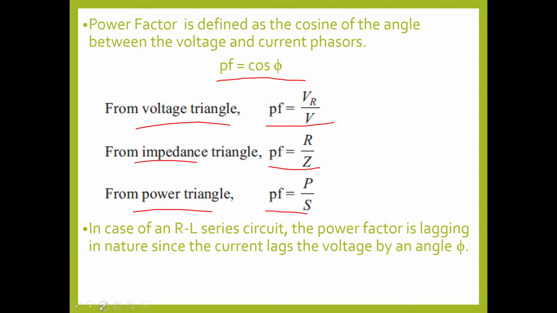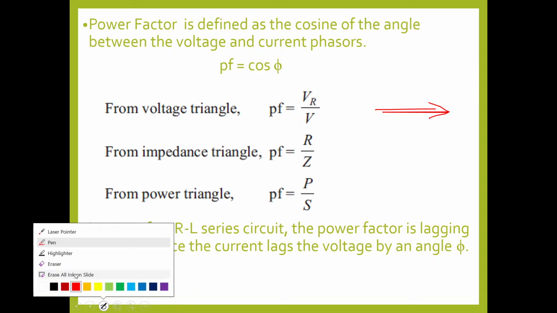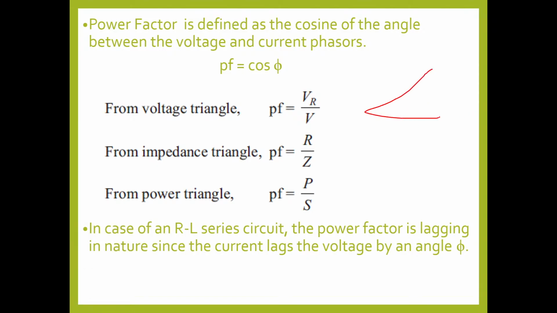So from the voltage triangle, the power factor: this is VR, this is VL, this is V. I'm unable to draw it well, so I will simply draw like this. So what is cos phi? Cos phi is nothing but VR by V. Similarly, the impedance triangle.